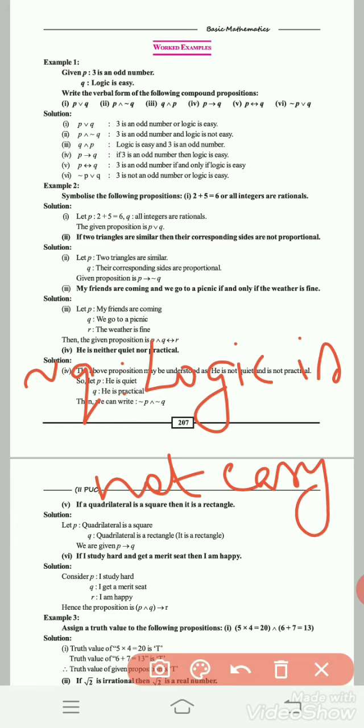This is the negation of Q. See here, P statement is 3 is an odd number and negation Q, logic is not easy. Therefore, P and negation Q implies 3 is an odd number and logic is not easy.